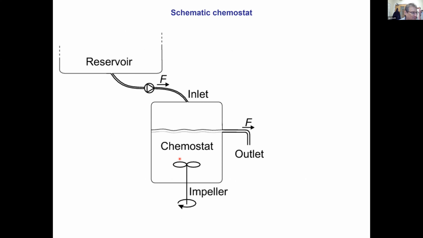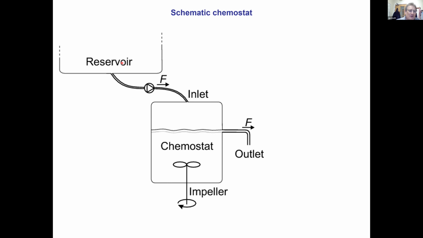Now we come to a system that allows us to study microbial growth very well, and that's called the chemostat, because it reaches a state in which the chemistry is constant or static. So that's the word chemostat. You're reaching these constant conditions because you have a continuous input and output from the system.